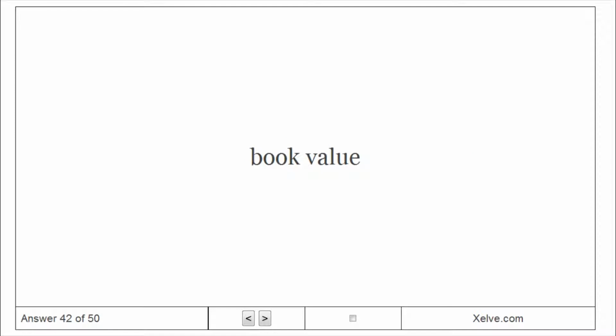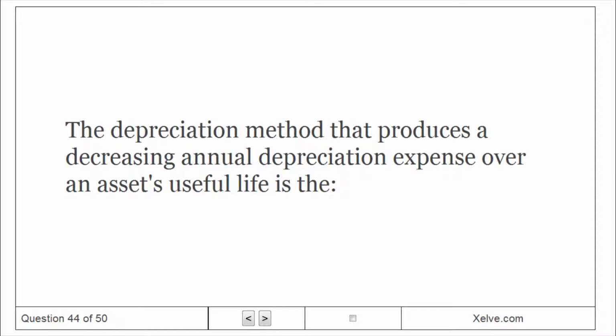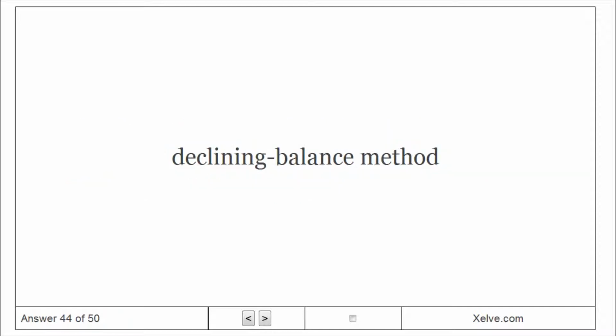Book value is the cost of an asset less its salvage value. Depreciable cost. The depreciation method that produces a decreasing annual depreciation expense over an asset's useful life is the declining balance method.